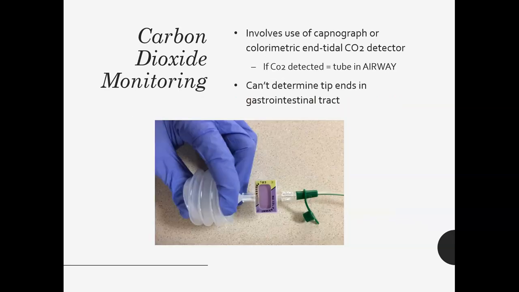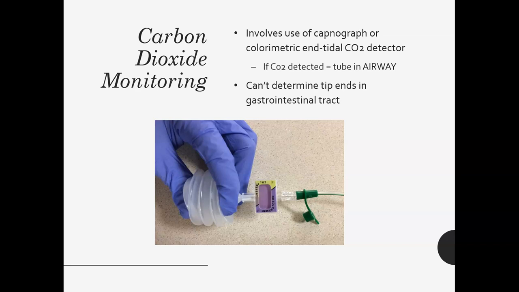All right, another way we can confirm placement is using capnography. This is not something that I've seen routinely done, but it may be at whatever facility you end up working at. So you just basically hook the little capnography up, and then depending on the color that it shows, that shows you if CO2 is detected or not.